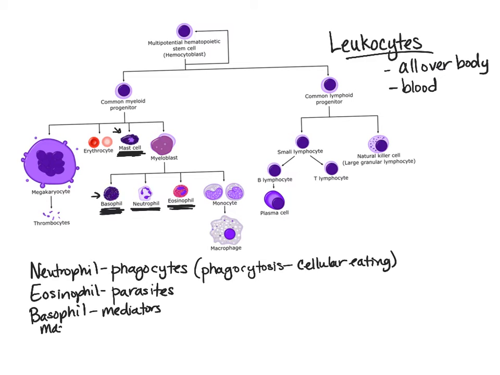We're going to talk more about inflammation a little bit later. But these cells are the ones that are going to assist in inflammation. These two, by the way, the basophils and the mast cells, are also what we see in allergic responses.